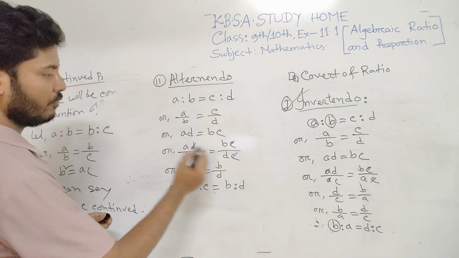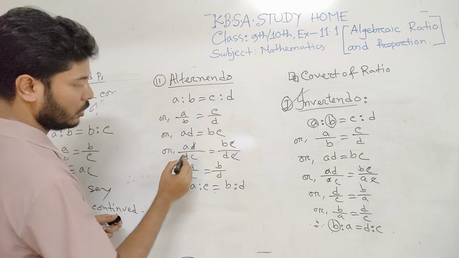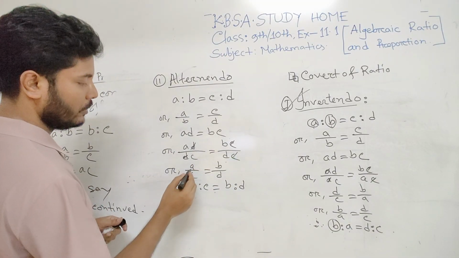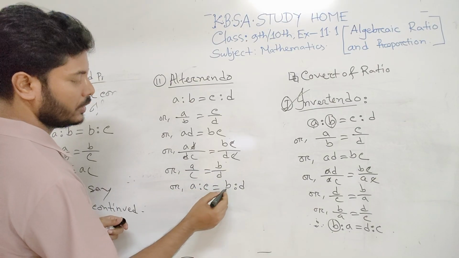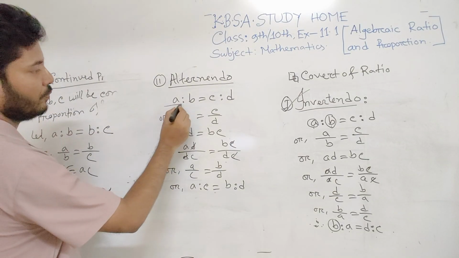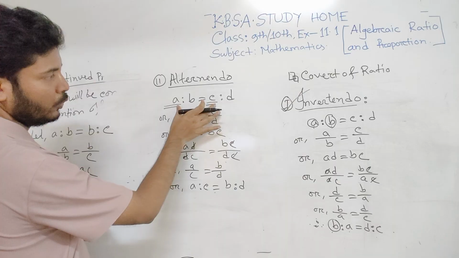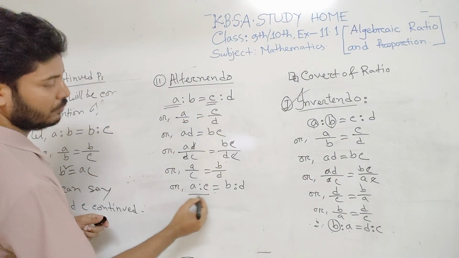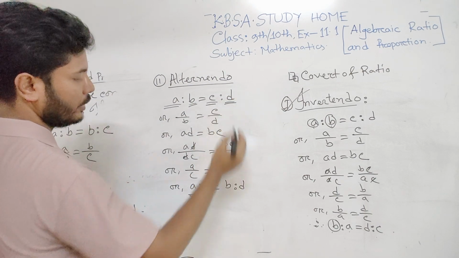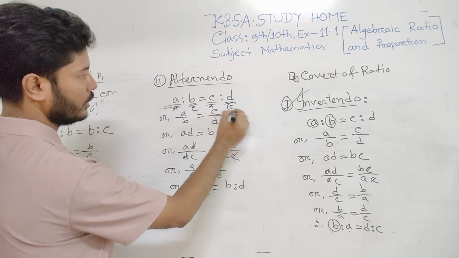Both sides divided by DC: D cancels with D, A by C; C cancels with C, B by D. We can write it as A colon C is equal to B colon D. You can follow: both antecedents come first, and consequent and consequent follow, antecedent, antecedent, consequent, consequent.